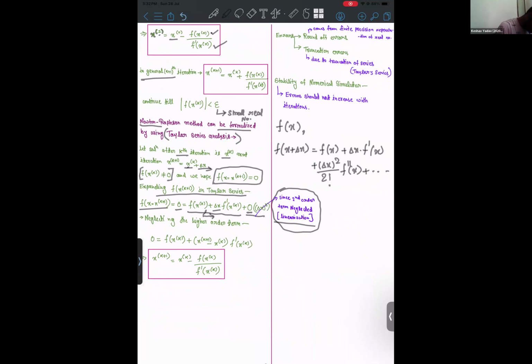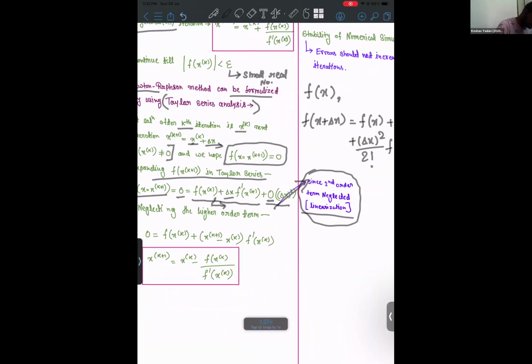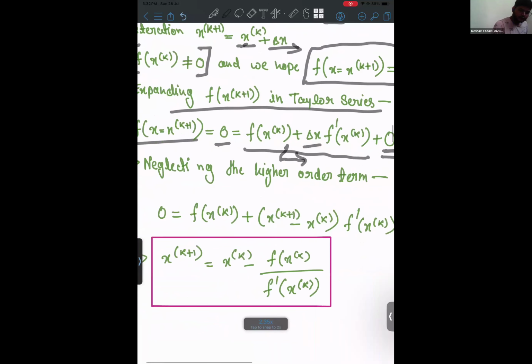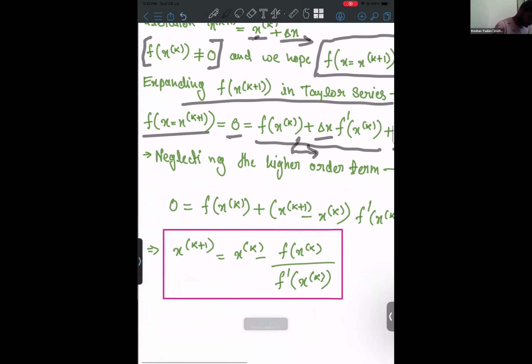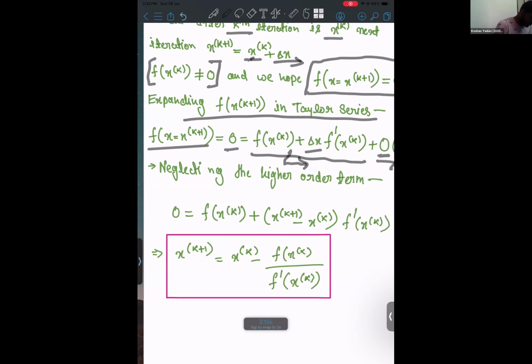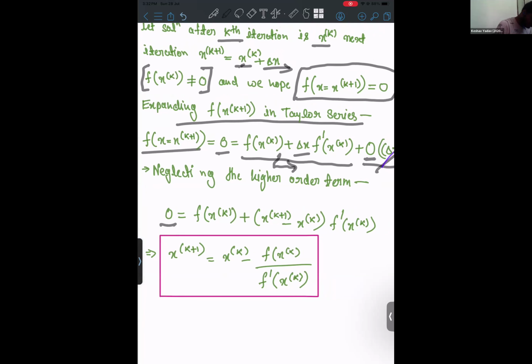So if we neglect the higher order terms and set this equal to 0, this can be written as 0 equal to f at the kth iteration plus delta x, which I can write as x at the k plus 1th iteration minus x at the kth iteration, multiplied by f prime at the kth iteration.